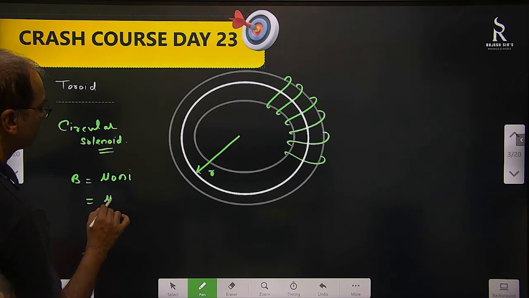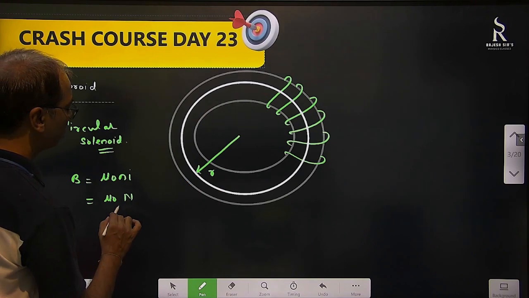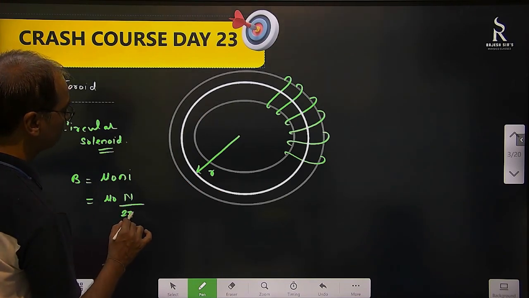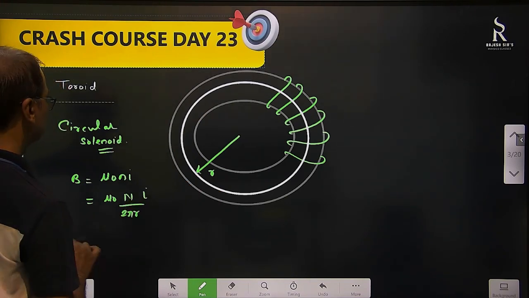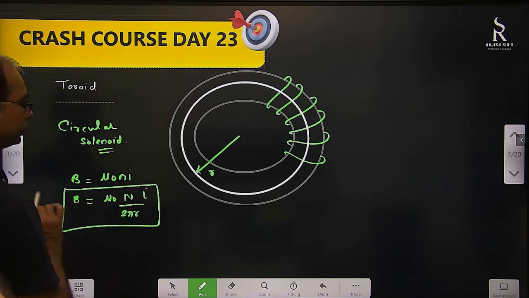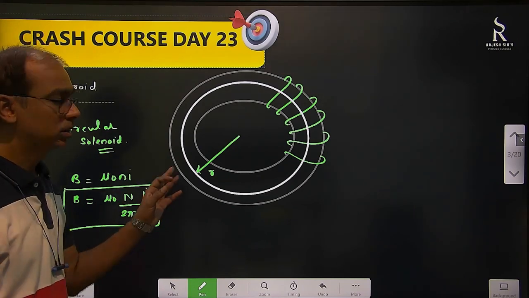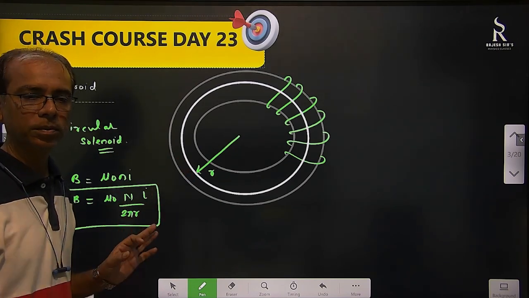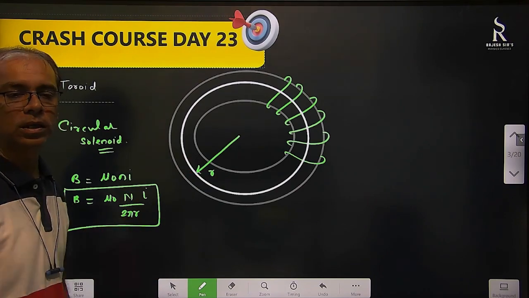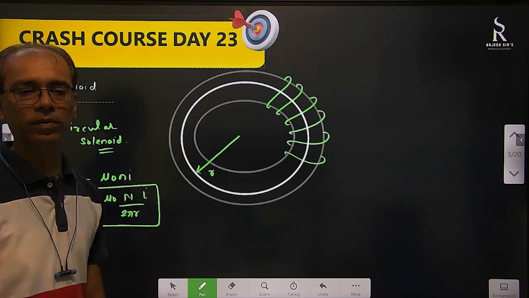So if the number of turns is N, then the total length of the solenoid is 2 pi r, so B is mu naught N I over 2 pi r. This is the magnetic field found in the toroid's case. In a toroid, it will be given how many turns there are and the effective radius, and then we can find the magnetic field along the axis of the toroid.